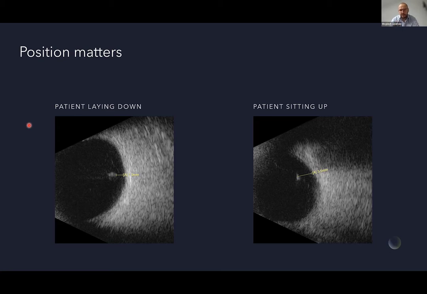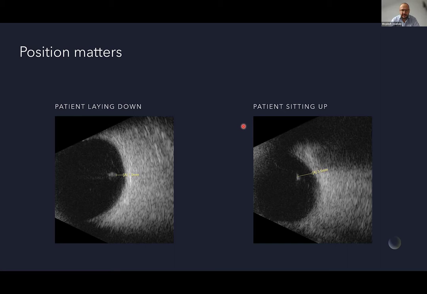So always try to remember that we have to do it in the same position that we're going to do the vitreolysis in. Obviously, the systems that we have for vitreolysis right now are slit lamp based, so the patient is sitting up, and that's what we should do with the patient during ultrasound as well.